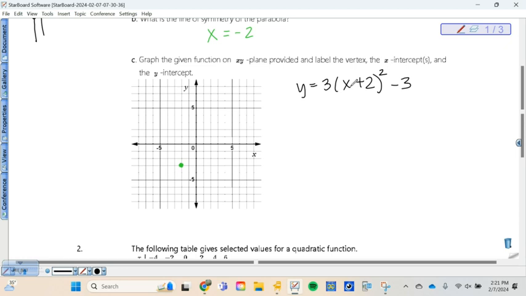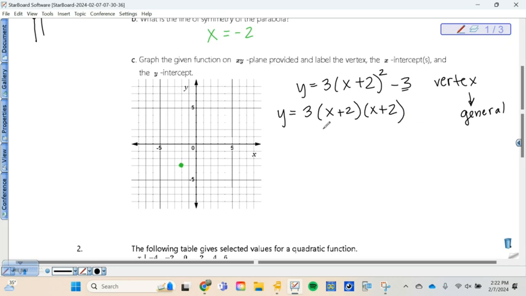So let's convert this to general form. So we're going from vertex form to general form. What do I do first to convert this to general form? Yeah, we got to FOIL this part right here. So this becomes 3 times x plus 2 times x plus 2, right?